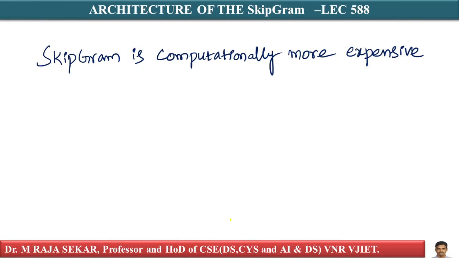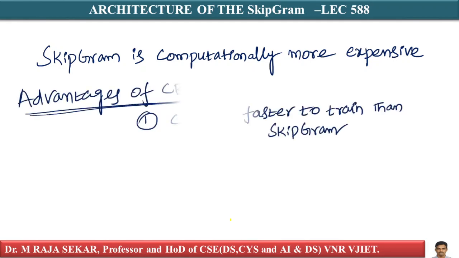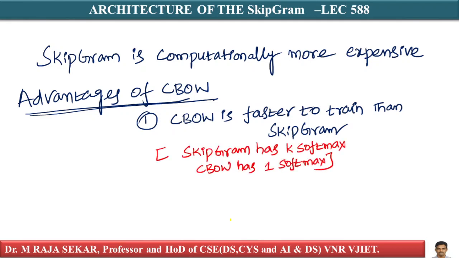So if you want to compare CBOW and SKIPGRAM, CBOW has a major advantage. What is the major advantage of CBOW? CBOW is typically faster to train than SKIPGRAM, because SKIPGRAM has K softmaxes and CBOW has one softmax. This is one of the reasons.